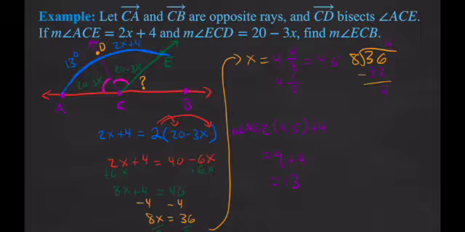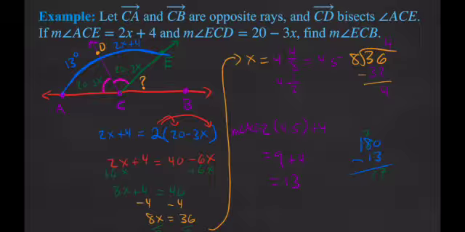I said a little bit ago that a line is 180 degrees in total. We have 13 degrees, which is ACE. What's left? So we just go 180 minus 13. We end up with 167.